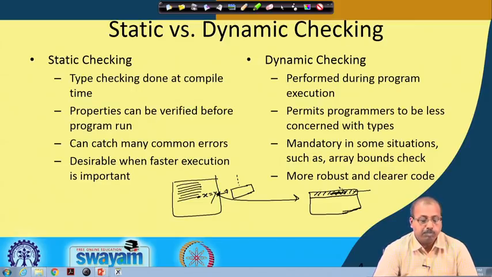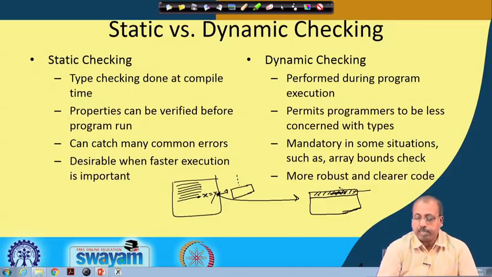Then dynamic checking: checking dynamically whether, for x equal to y, the types of x and y are matching or not is difficult. But many times we need to have this dynamic checking also.